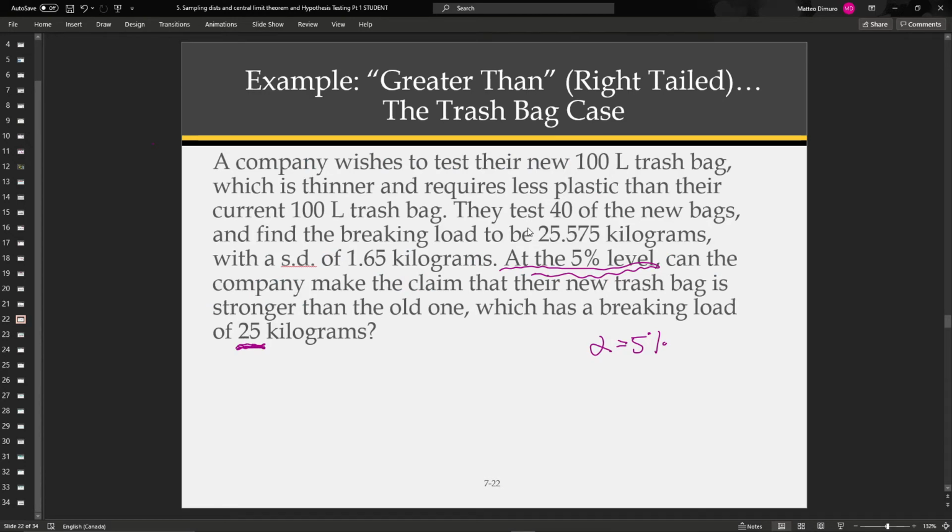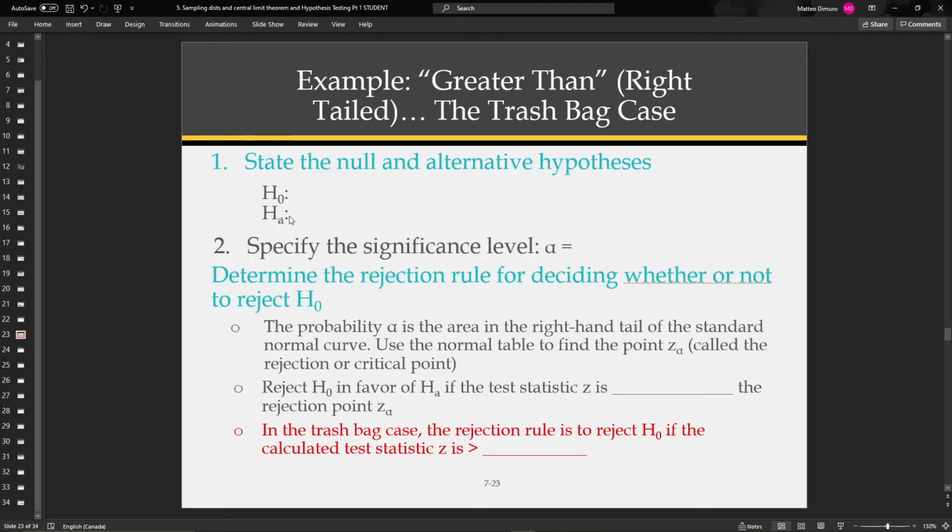They think that for their new bag, it's greater than 25, right? They're claiming the new bag is thinner and it has a 25.57 kilogram breaking load. So your alternative hypothesis is that mu is greater than 25. That's how I know it's a right-tailed test, right? Because it's pointing to the right and it's a greater than question, like I said. So what's the null hypothesis? Well, the null hypothesis is that mu equals 25.